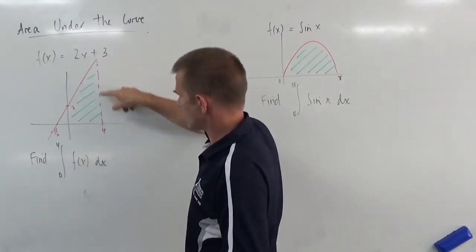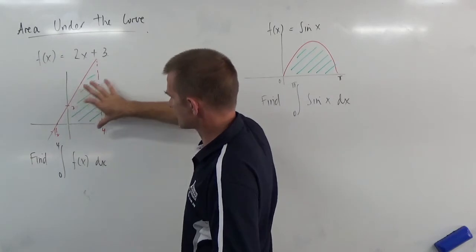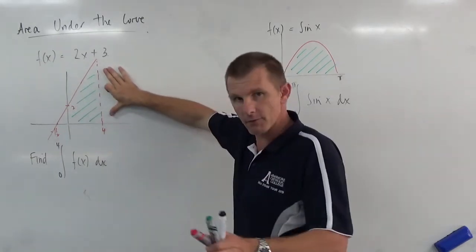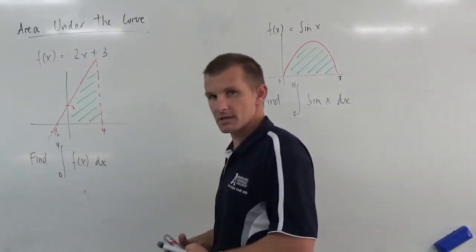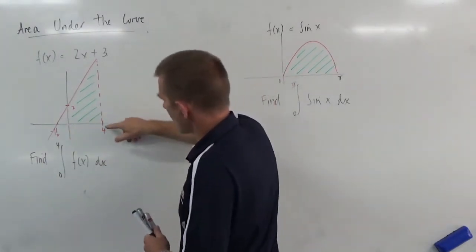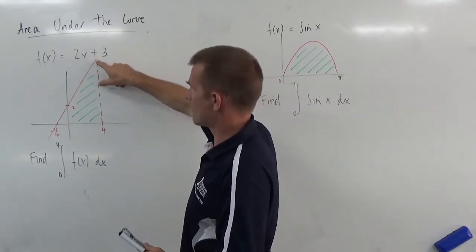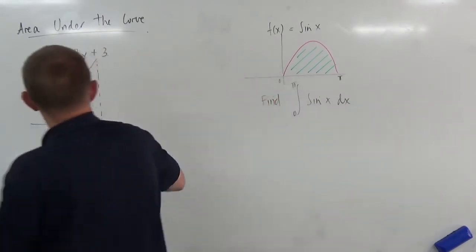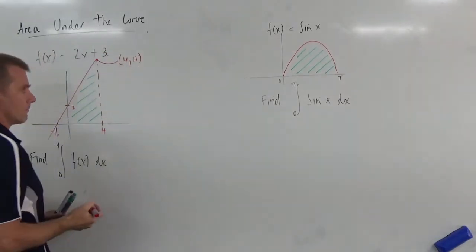This being a trapezium, what I would do is I would work out this and this, average those two, and then multiply by the base here, which would be 4. So, when x is 4, 8 plus 3, that point there is 11. Okay? So that point there is going to be the point (4, 11).